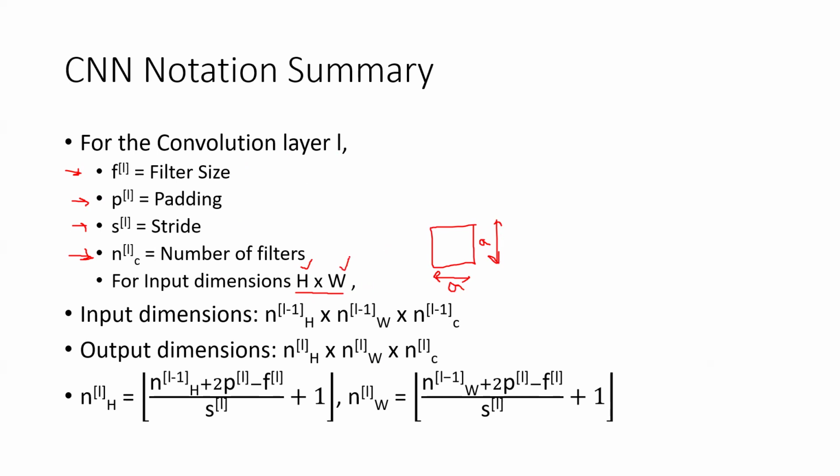So when we have h times w input dimension for the image, or not only the image, if this is a convolutional layer in the middle, it is a matrix. This is the input matrix, h by w. So then the output dimensions can be represented like this. See whether you can understand.